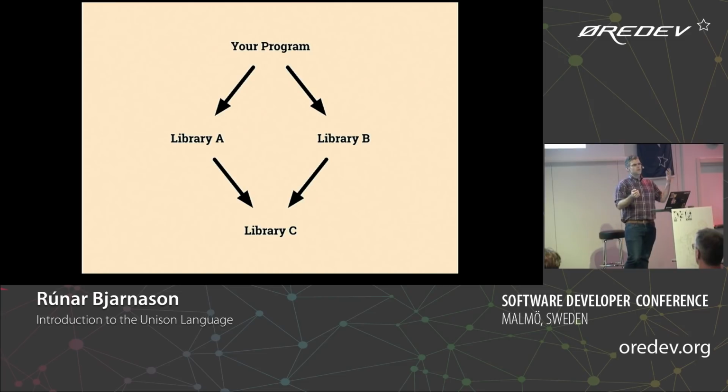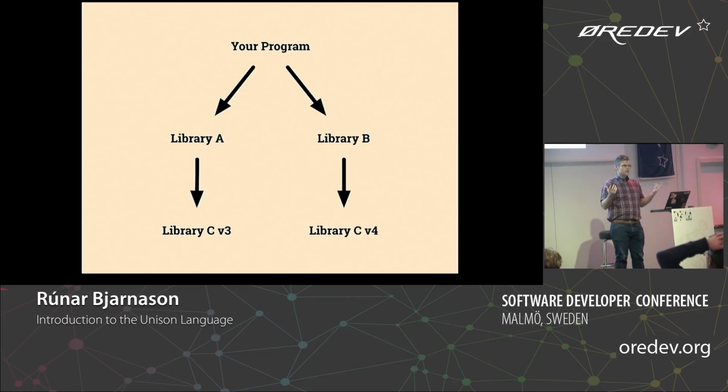Your program depends on some library A and some library B, and both A and B depend on some library C. Great, but now they diverge, and now they depend on two different versions. A depends on version 3 of library C, and B depends on library C version 4. And so now you get a build error, so you end up with a conflict, and your program no longer works, at least in many systems.